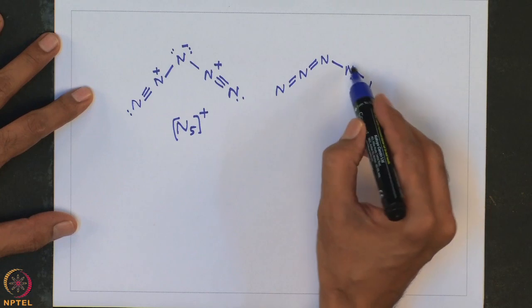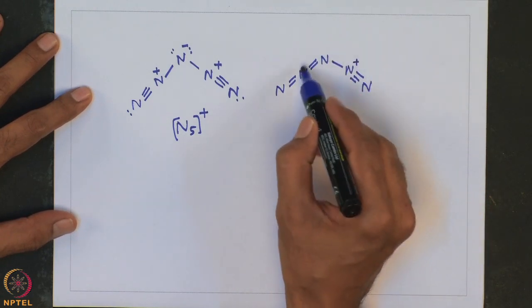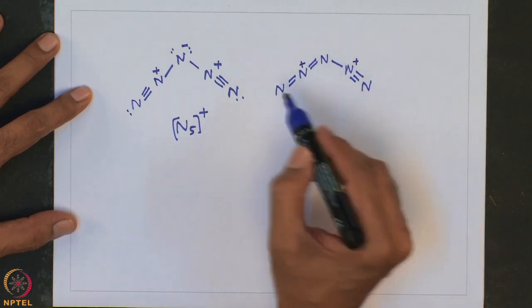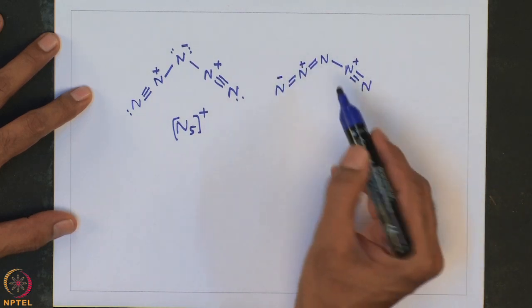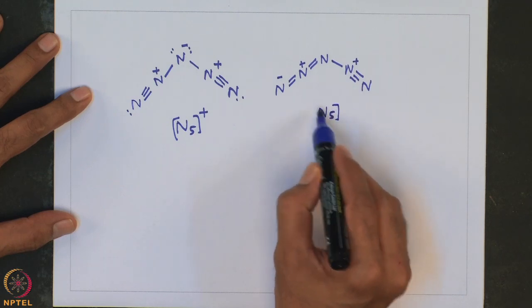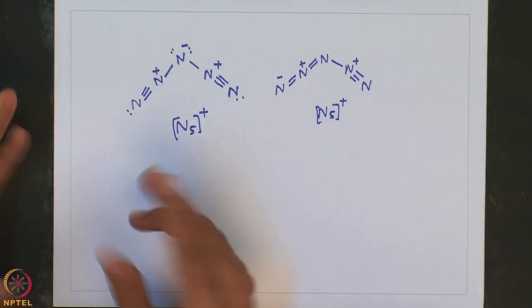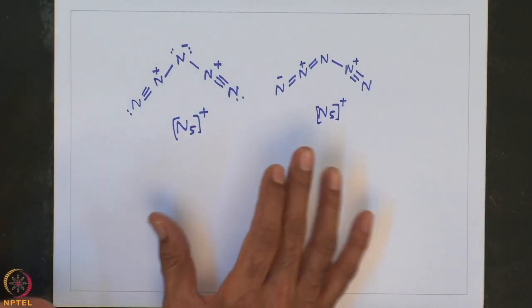Once written like this, you can see cationic and anionic ones, this is neutral. Again you can clearly see N5 plus. You can write four more resonance structures in a similar fashion.